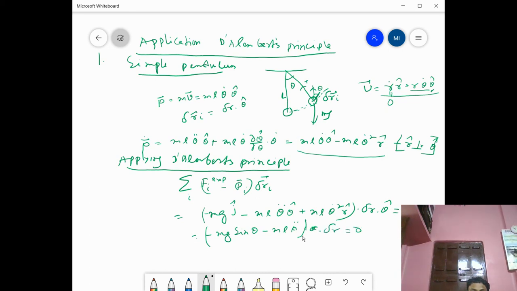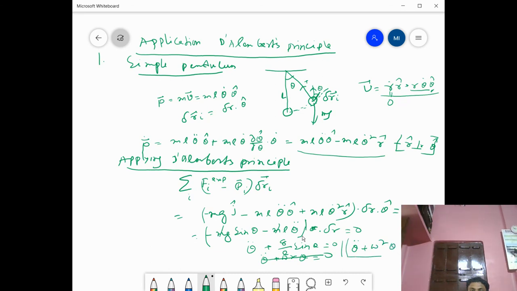Now this is important. You may cancel out the m, so theta double dot plus g by l sin theta equals 0. That means theta double dot plus omega square theta equals 0.